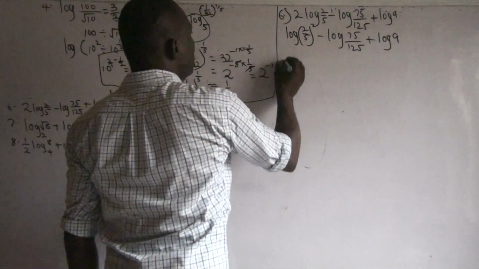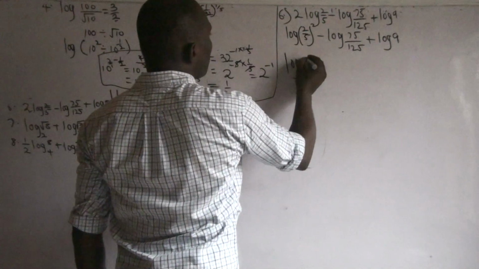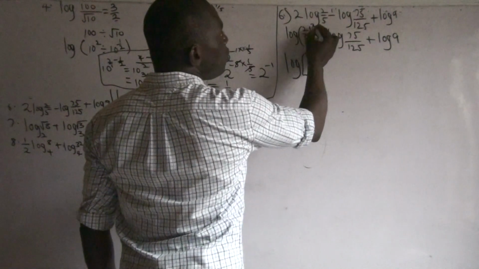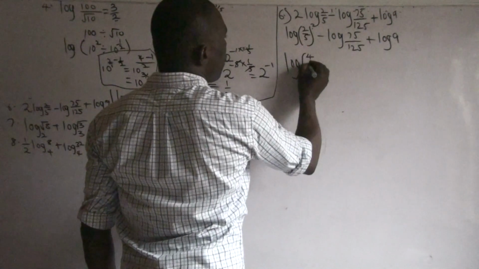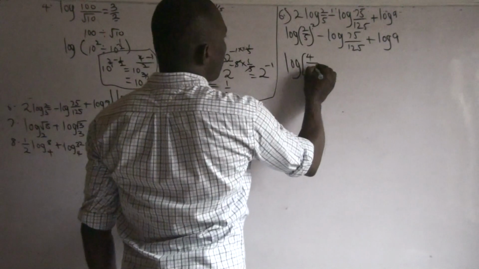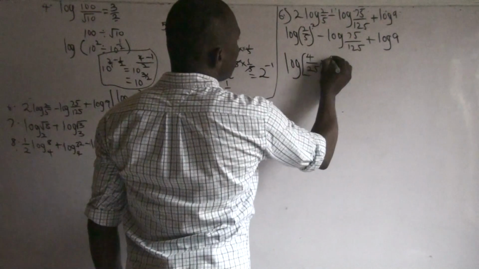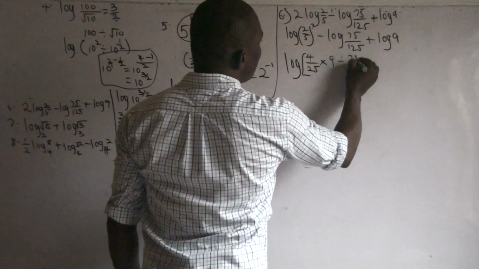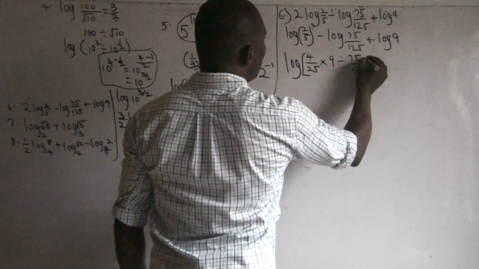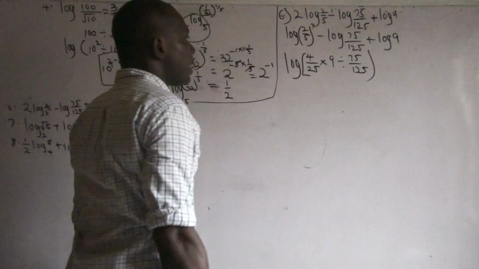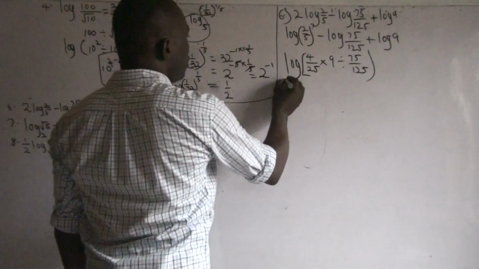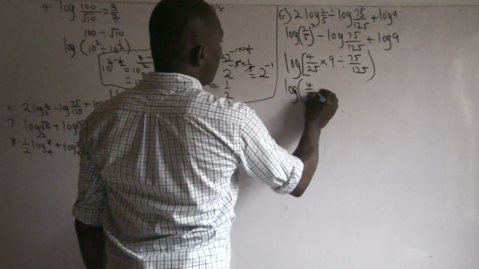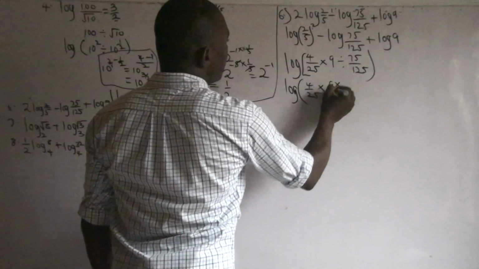So here this becomes log, we open our bracket here. This is 2 squared, gives us 4. 5 squared gives us what? 25 times 9. Here there's minus, becomes divide 75 over 125. So we close our bracket here. The operation continues. This becomes 4 over 25 times 9.